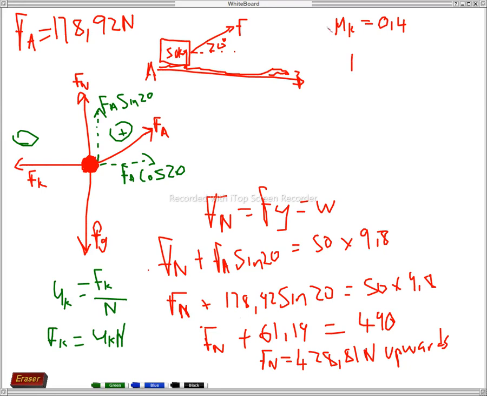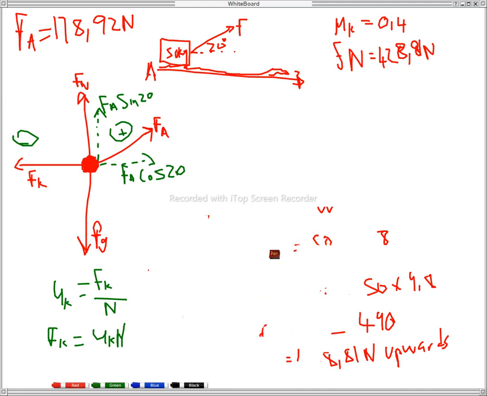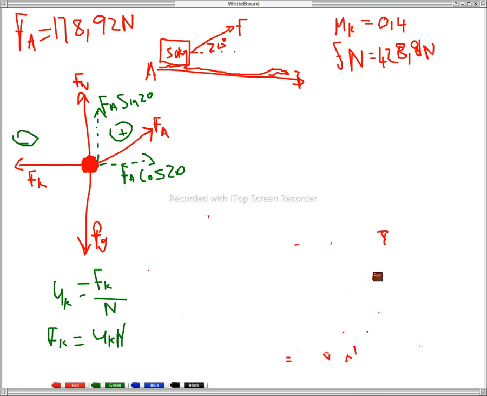let me just write my value of the Fn here at the top, because I will need the space. It's 428.81 newtons. Now they want the frictional force. We already had the kinetic friction formula there, so it's going to be easy.